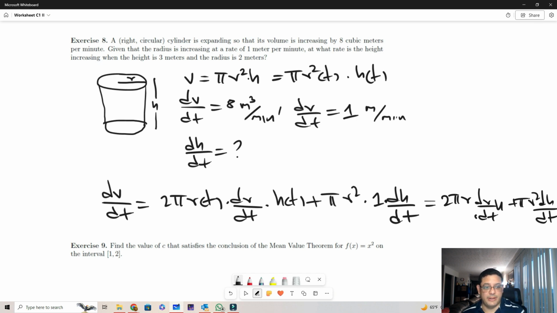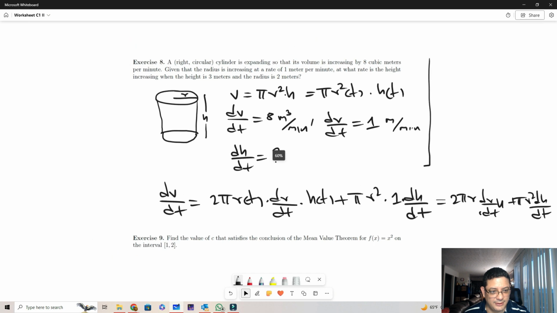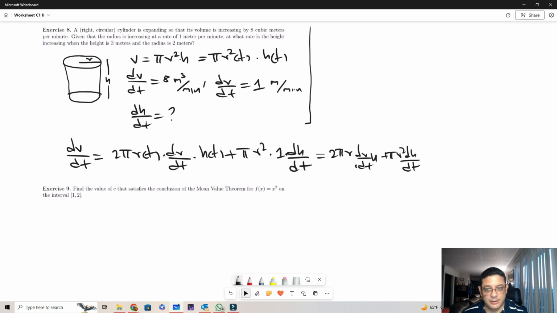Notice that we have some of that information. We have dr/dt and it's 1, right? So what we're going to get is that dV/dt is already given, because I have that information that dV/dt is 8.